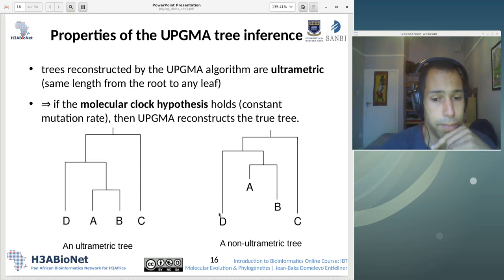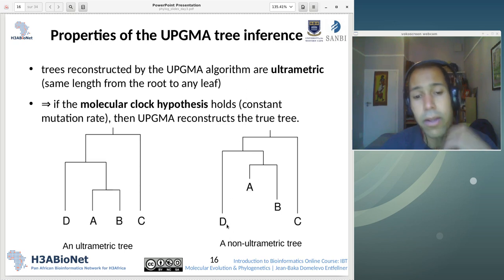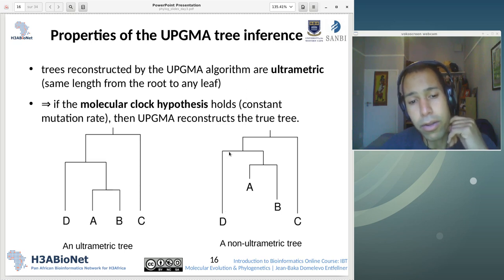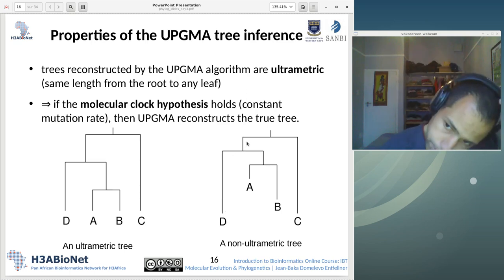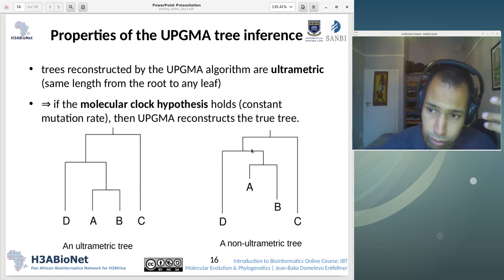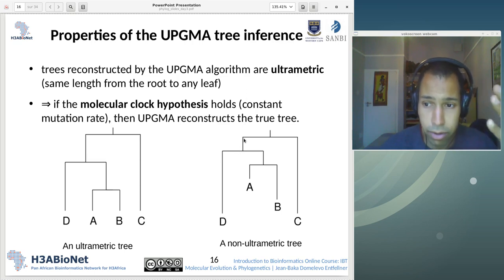So maybe the molecular clock hypothesis does not hold, and there has been a slower divergence from the root to A than from the root to D. Okay, this path accumulated more mutations in the same amount of geological time than the path from this point to that point.